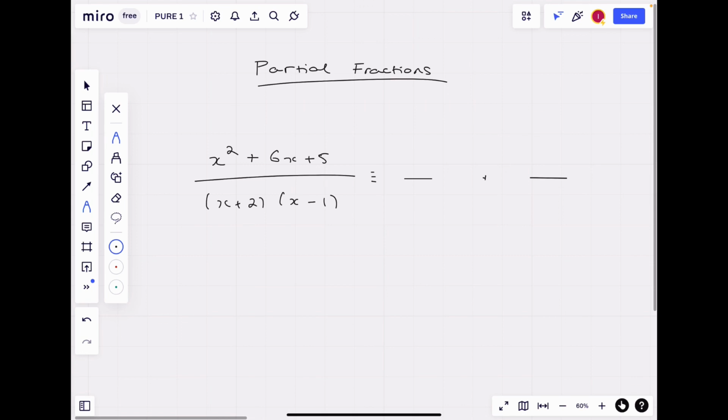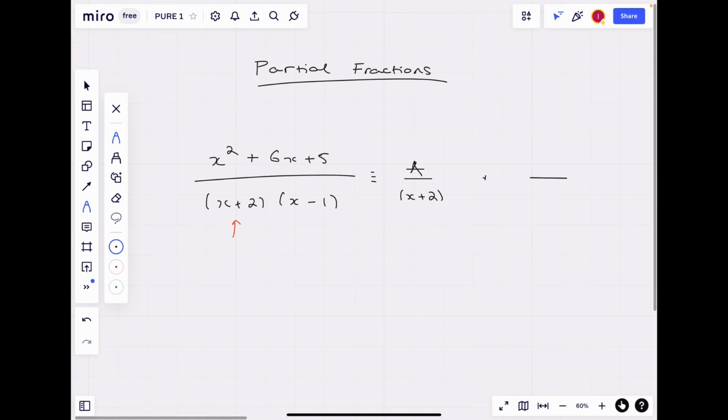The first algebraic fraction on the right hand side will have a constant as the numerator, and I'm going to use capital A, and then as the denominator it's going to have the first bracket, so x plus 2.